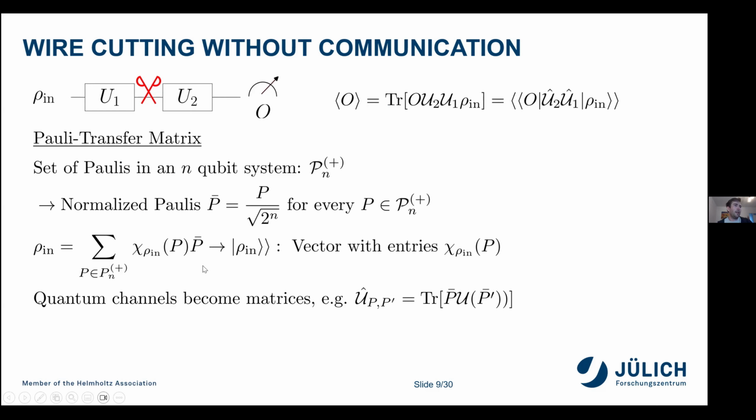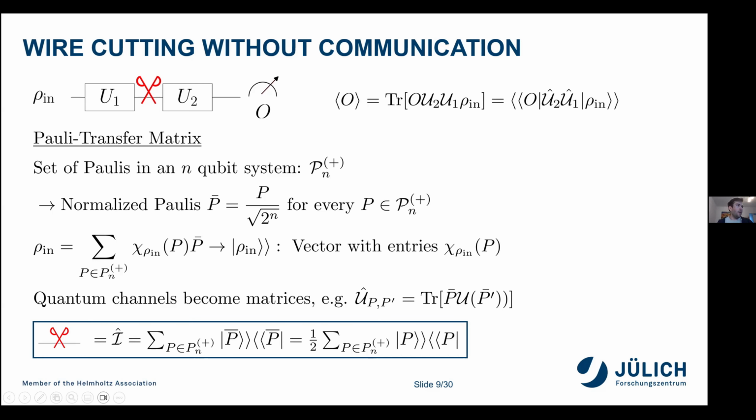This then allows you to vectorize the density matrices, where the entries are simply the weights in the Pauli decomposition. You can do the same with your observable. And the quantum channels in the Pauli transfer matrix representation become matrices, which means that now you can multiply these matrices to these vectors, and this will simply shift the weight in the Pauli decomposition.